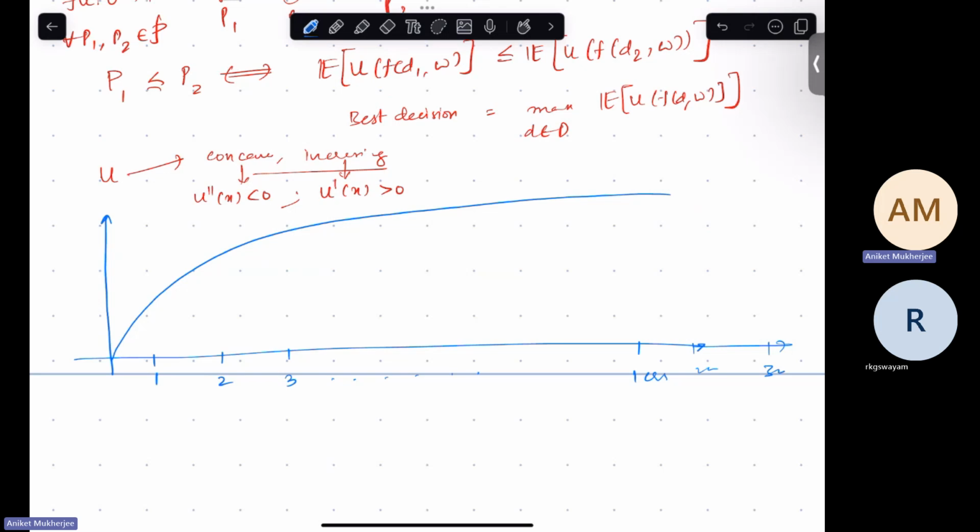Okay. So now suppose here somewhere I have 100 rupees and this is utility.